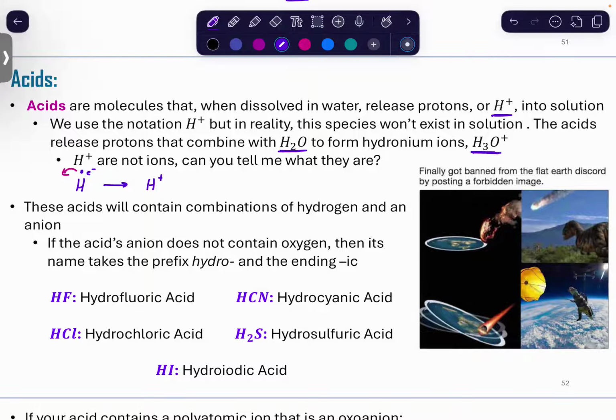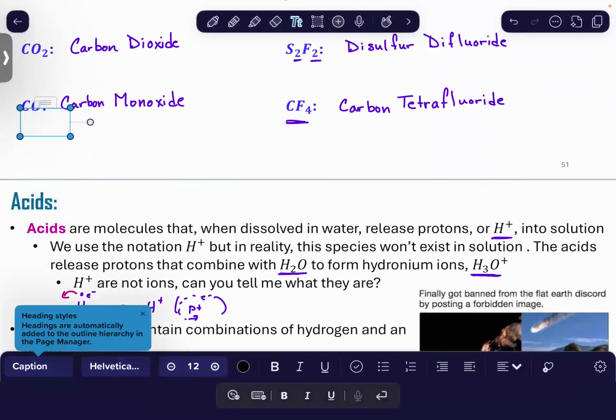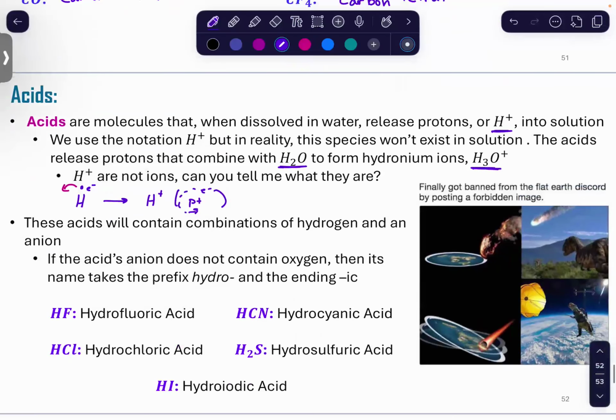But the nucleus of a hydrogen is just a proton. So what we originally had was a P plus with an electron orbiting around. So my H plus is my proton nucleus without its electron.